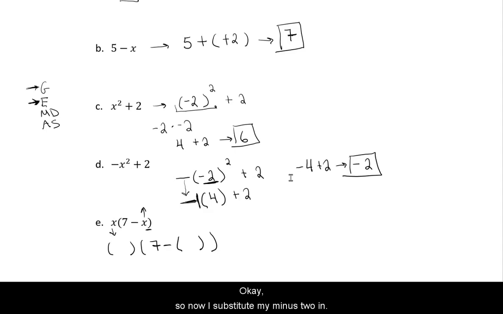Okay, so now I substitute my negative 2 in. So negative 2, negative 2. Now, a lot of people have the tendency to just pull the x out, put the parentheses and the number in at the same time. You need to make it 2 steps, right? So I'm taking all the variables out and replacing them with parentheses.